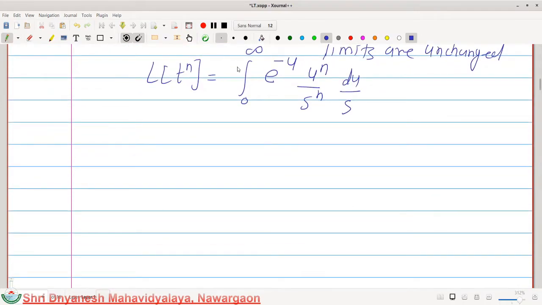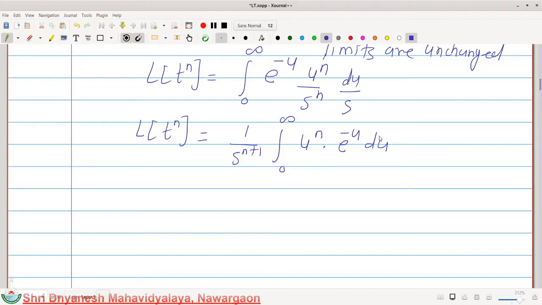What will be the next step? Laplace transform of t to the power n equals 1 upon s to the power n plus 1, integration 0 to infinity u to the power n into e to the power minus u du.